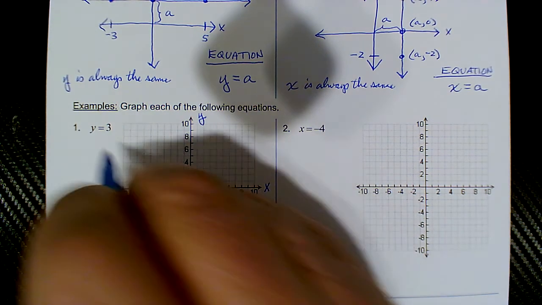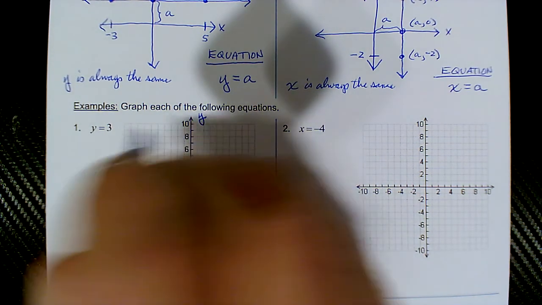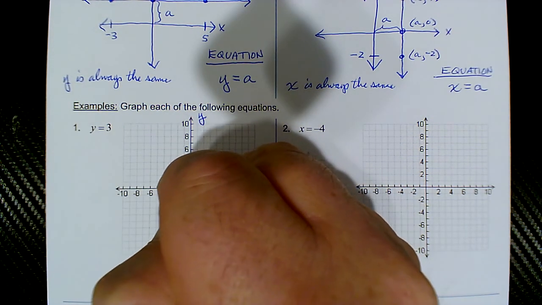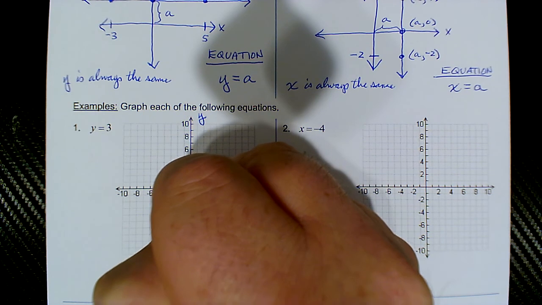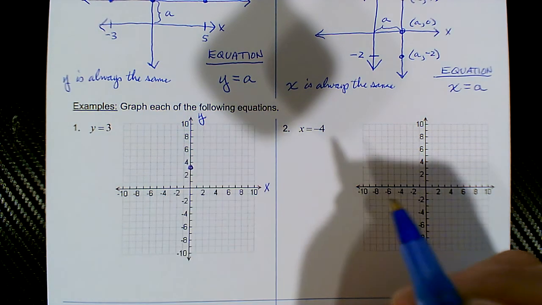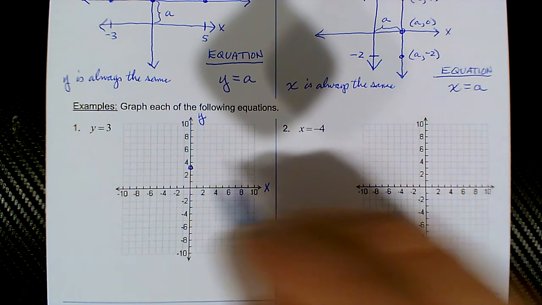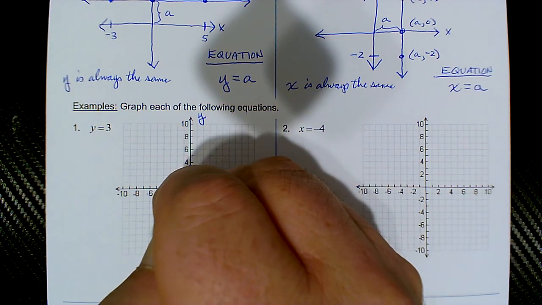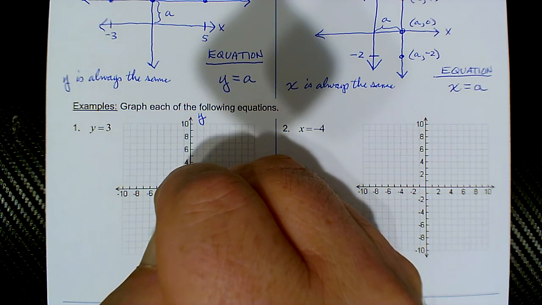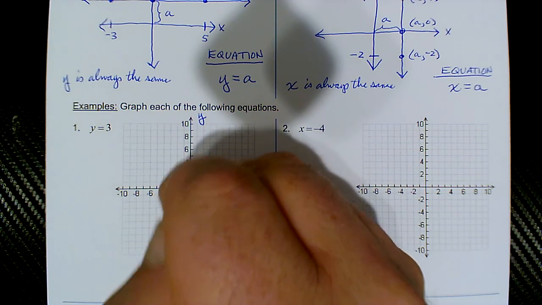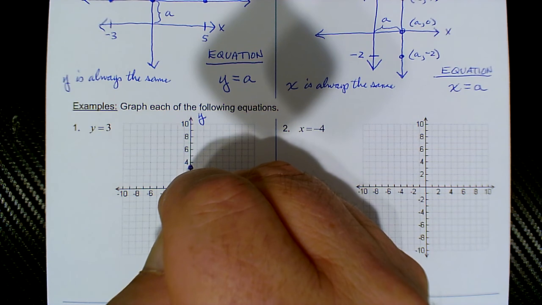If y is equal to 3, then y is always 3. Put a point where it intercepts the axes, right? Because we know that's a point, (0, 3), where y is 3. And then ask yourself, what is another point? If I move up or down, I'm changing the y value.